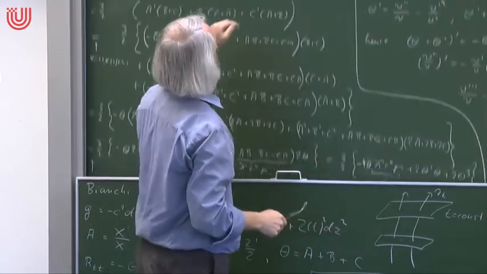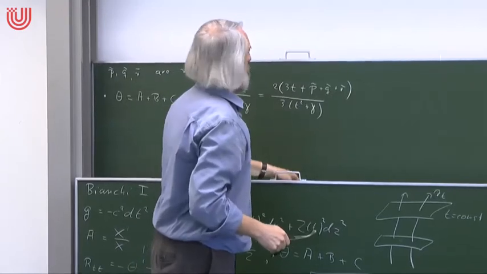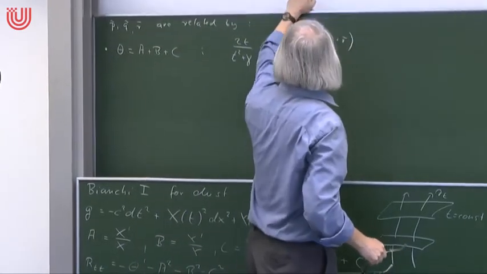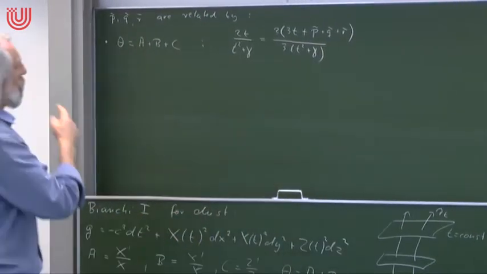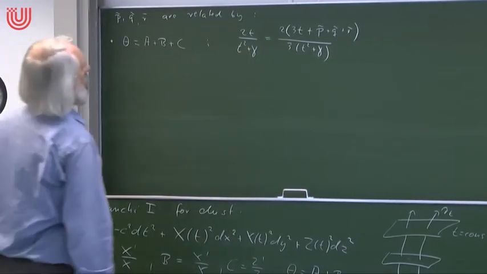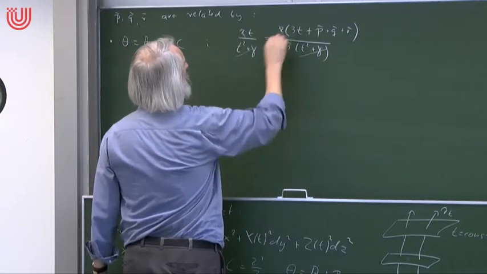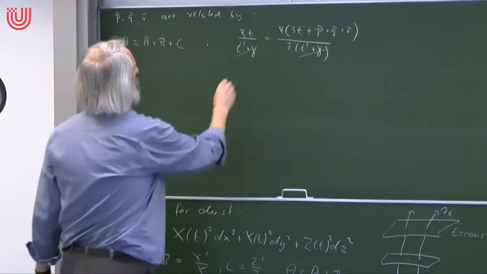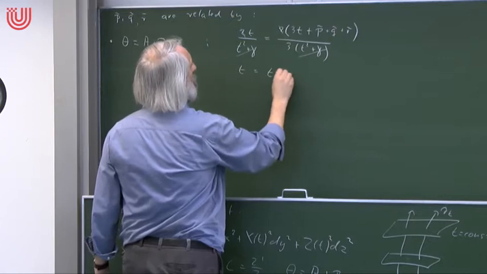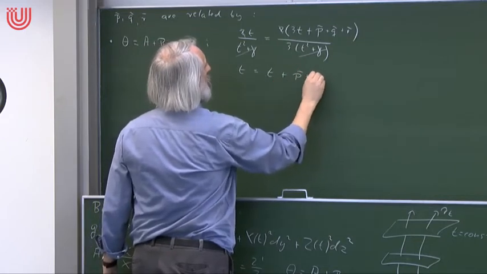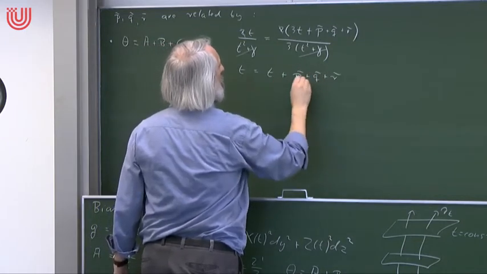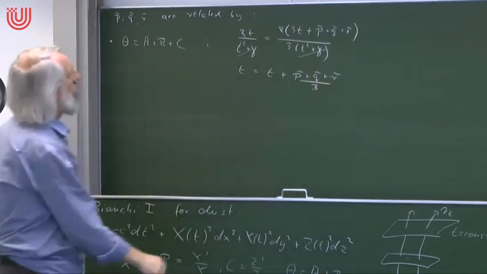I have to get this up again later because we have to read the expressions again. So the denominator goes away, and the 2 goes away. Then I have t is t plus P tilde plus Q tilde plus R tilde over 3.